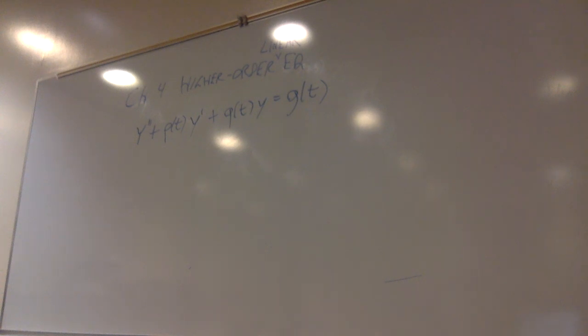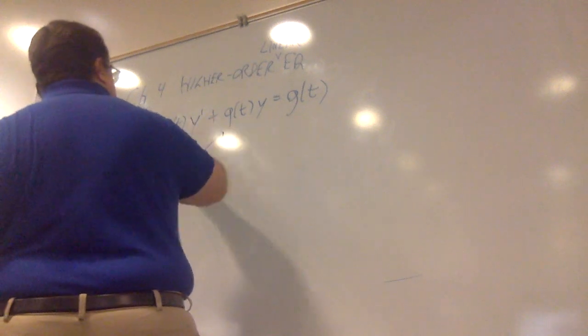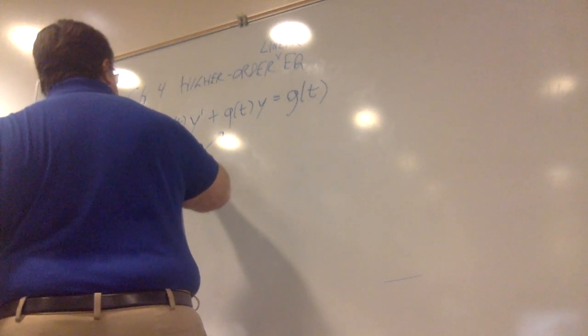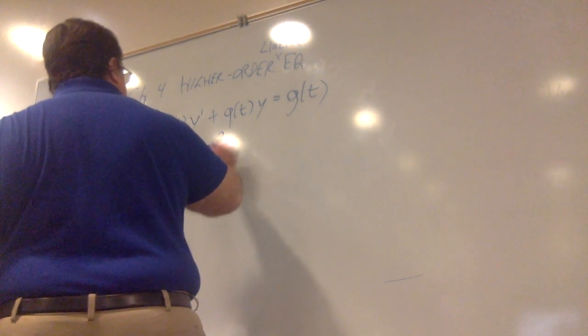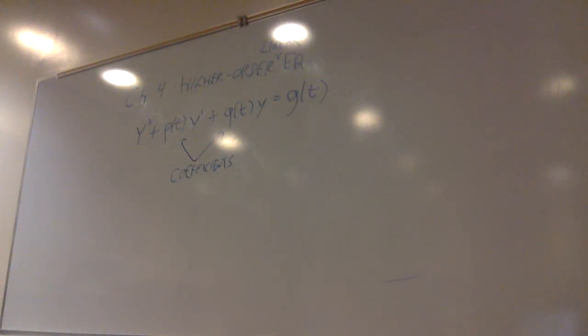So it's kind of like that, only you have a second derivative involved. Okay, so the p and q are coefficients. In most cases, they will be constant. Certain solution methods we will see will only work for p and q constant.